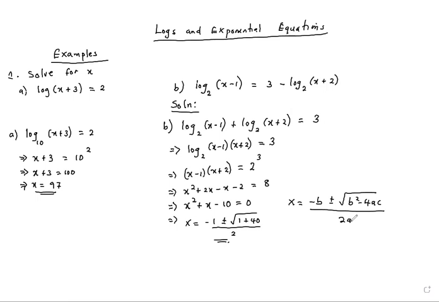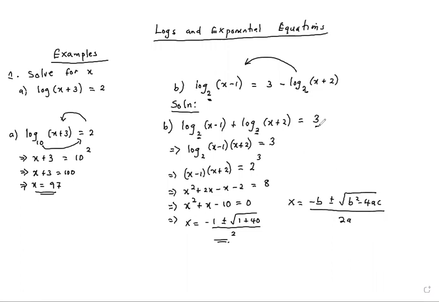Okay, so after you raise 10 to the power 2, you equate it to x plus 3, and then you get x to be 97. For B, you do the same thing. Having this base 2 the other side, when we have another base 2 here, we take this the other side so that we have log 2 is equal to the constant alone.